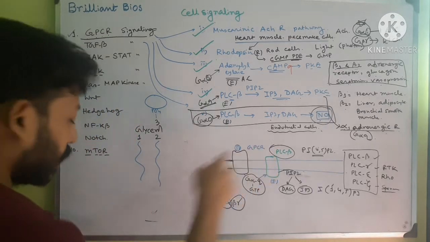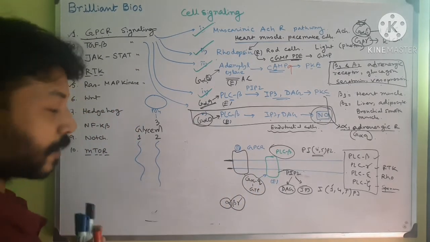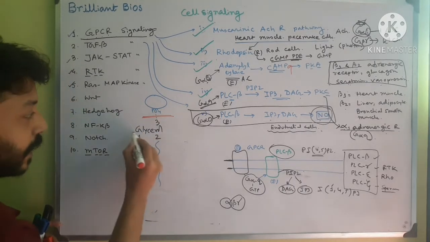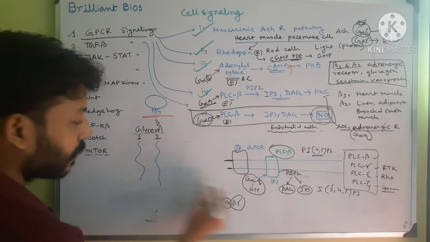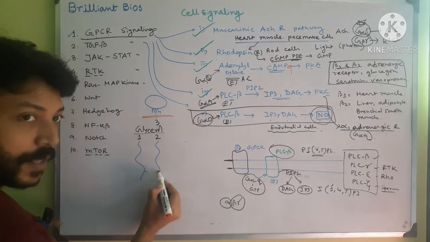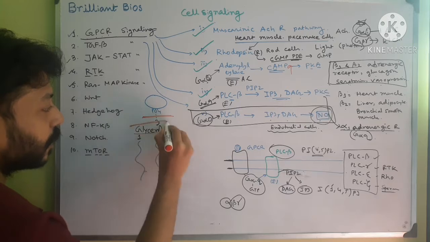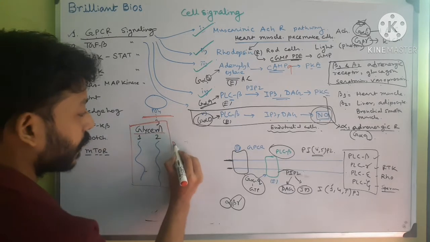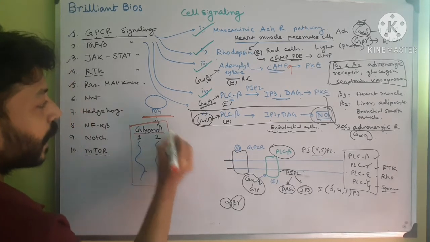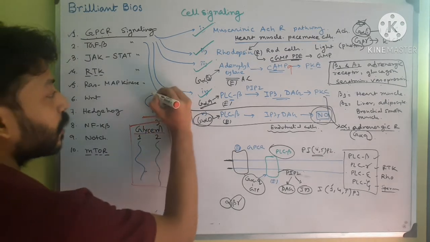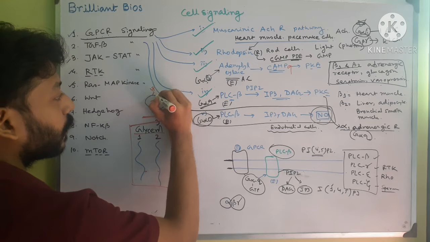When PLC beta cuts this molecule in this section, it makes diacylglycerol. Diacyl means these 2 fatty acids, acyl, di means double. So this region is the DAG, diacylglycerol. And this phosphate, now you can see this is the inositol. Inositol is already phosphorylated at position 4 and position 5.